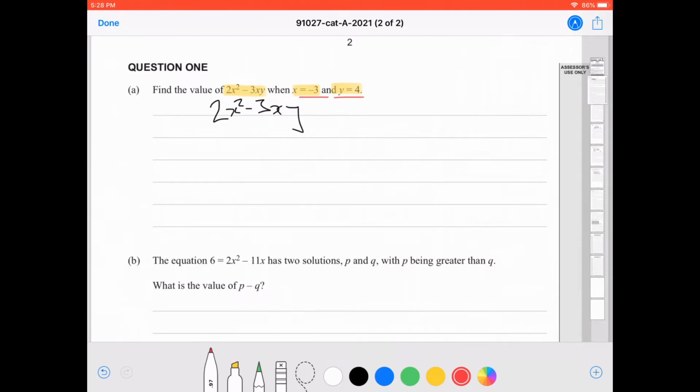So we've got 2 and x is negative 3, and that's squared, minus 3 times negative 3 times 4. Okay, and we can simplify. Let's keep the 2 and we'll say negative 3 squared is 9.